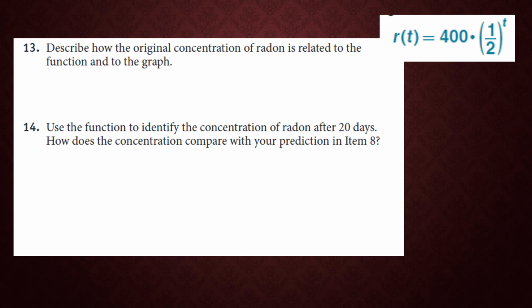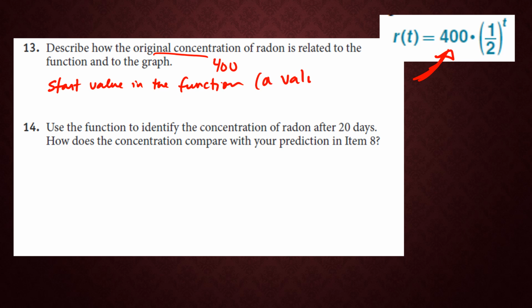So you're probably already noticing from your experience writing functions, even from sequences, how that original concentration, that 400, is related to the function and the graph. It's right there in the function. It's the start amount, the start value in the function. It's also the A value, the letter A in the exponential function.